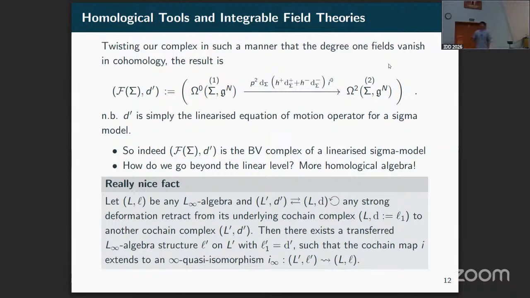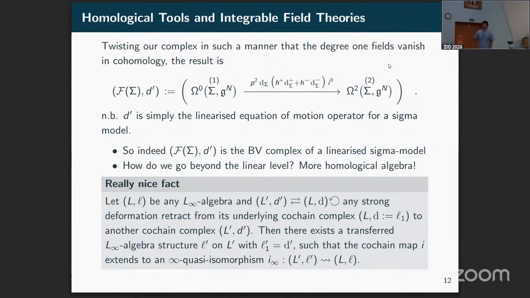So if I have some L-infinity algebra and I have a strong deformation retract between them, I can start transferring the L-infinity structure. So if I have some L-infinity structure on my underlying complex, I can start using the L-infinity structure on the bigger thing to put an L-infinity structure on the smaller thing.